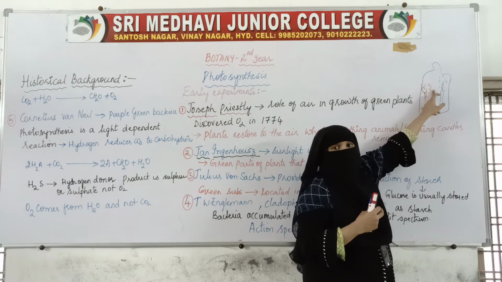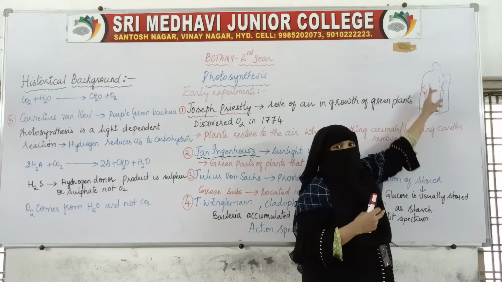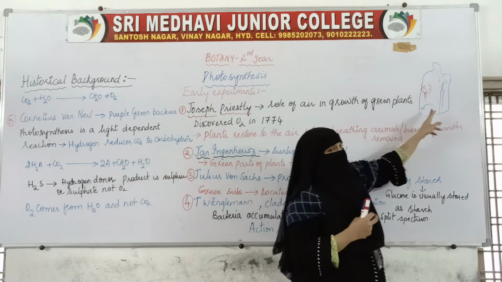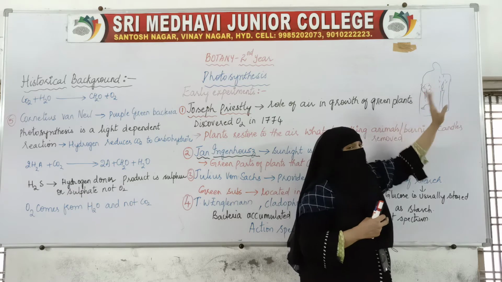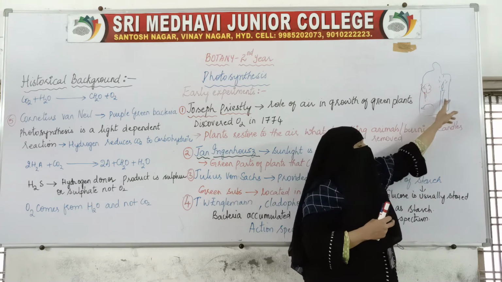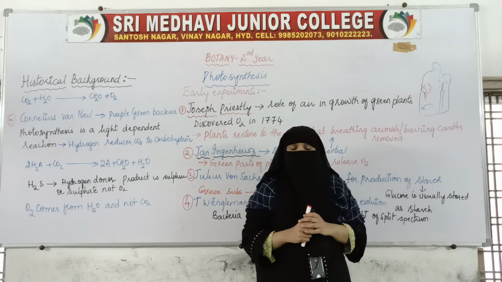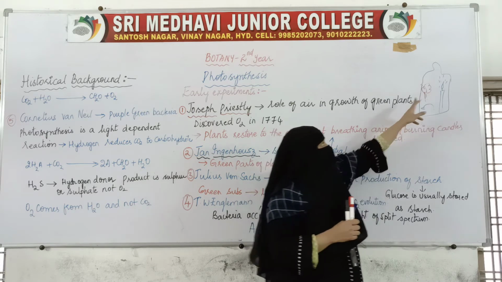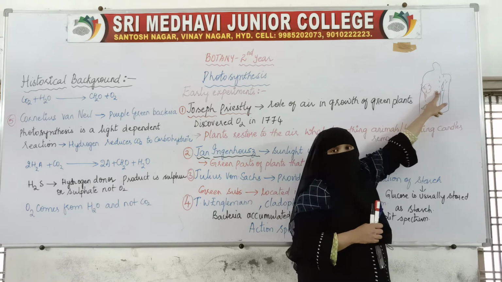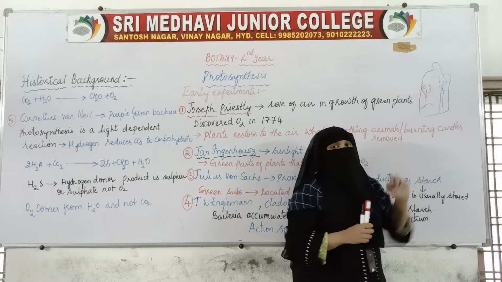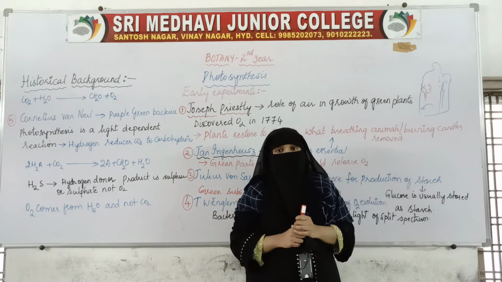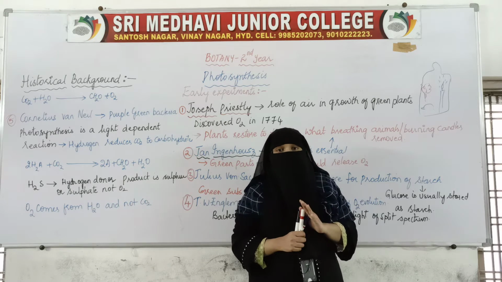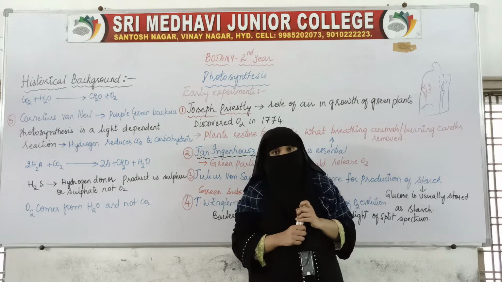Now Ingenhousz also said the same thing, that the plant is giving the air back something which has been taken up by the mouse and the burning candle. But he also said that for the plants to restore that, plants require sunlight.